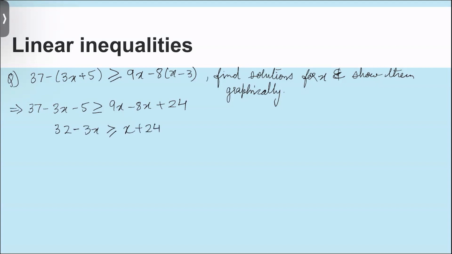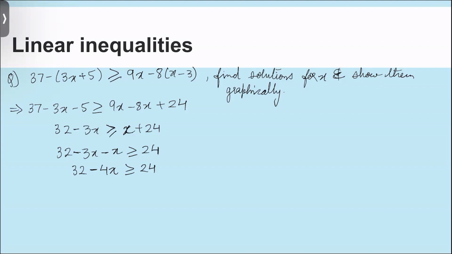So if we want to get all the x's on one side, if you subtract x on both sides, you get 32 minus 3x minus x. So x minus x will get cancelled, so you're left with 24 here. So this is 32 minus 4x, and this is 24. Okay.